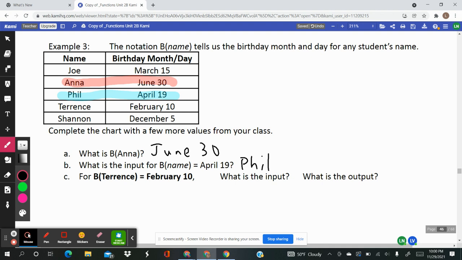What's the input? What's the output? The input is Terrence. The output is February 10th.